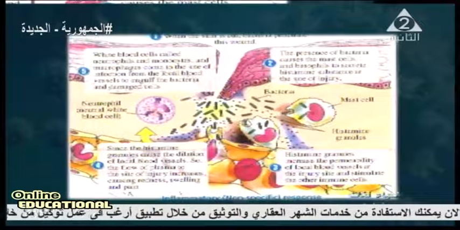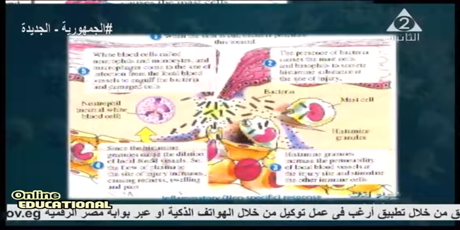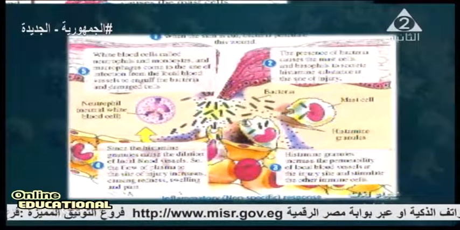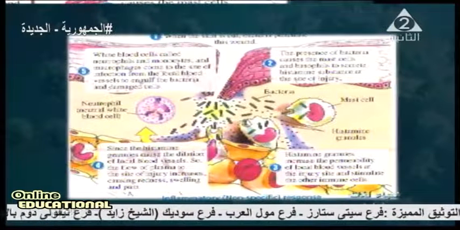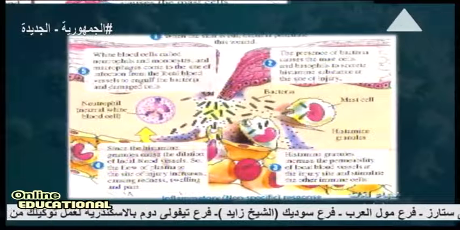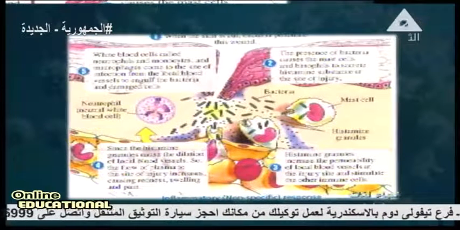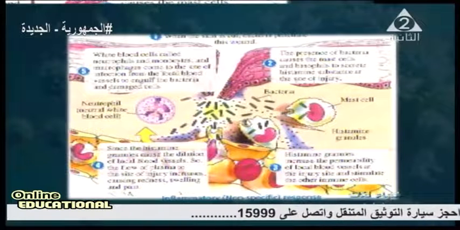Number 4, the histamine granules cause dilation of the local blood vessels, means the blood vessels become increased inside. So the flow of plasma to the site of injury increases, causing redness or swelling. Redness means the skin becomes red in color. This is an indication of histamine, and the swelling and pain.